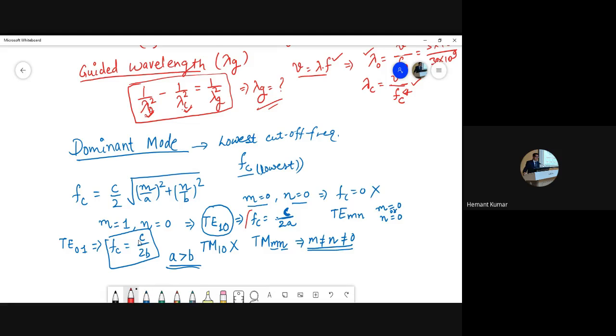So this is the lowest value compared to that, right? So the TE10 mode is the dominant mode.